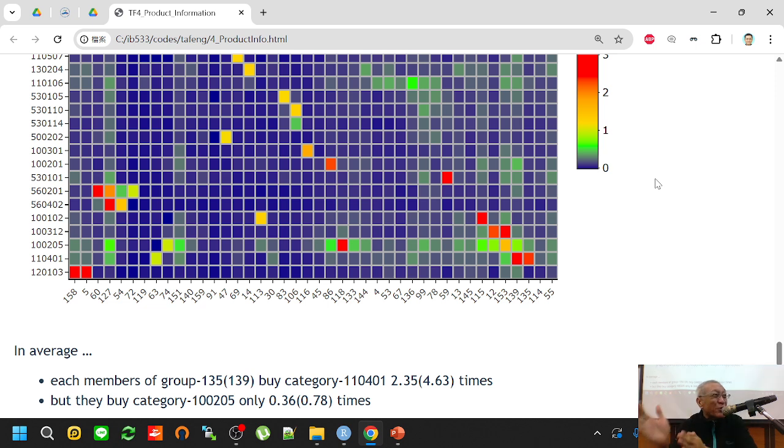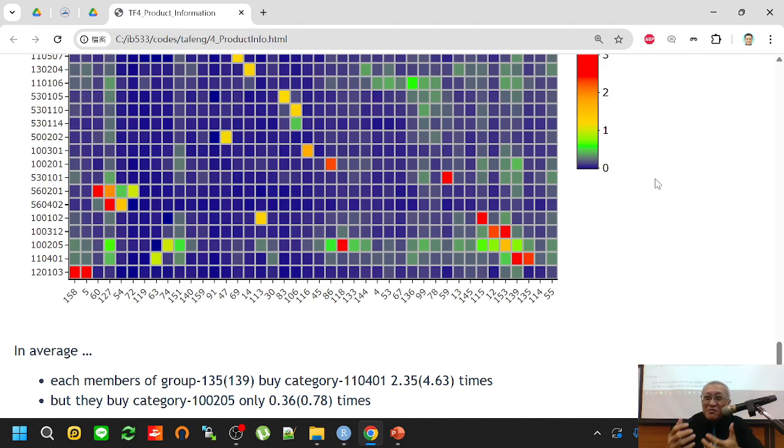By these three notebooks, I give you example and sample code, so you know how to do the exploration in general. You know how to explore customer groups, and you know how to explore product categories and products.